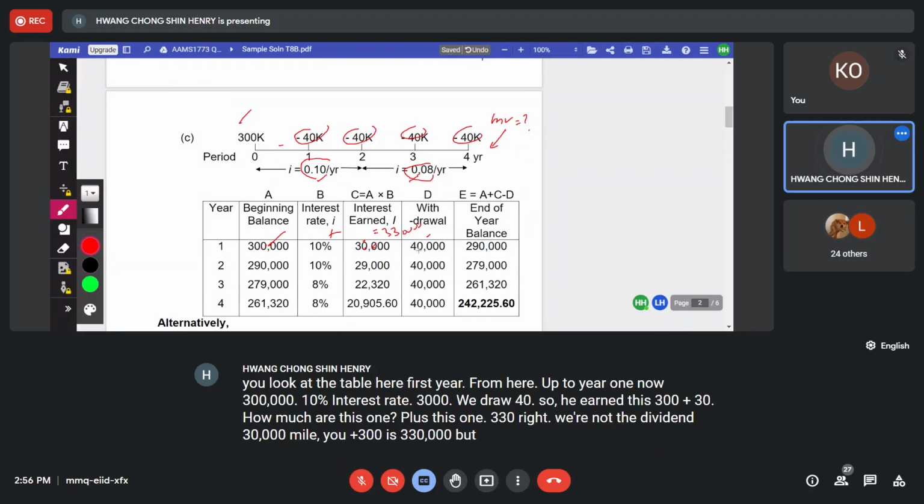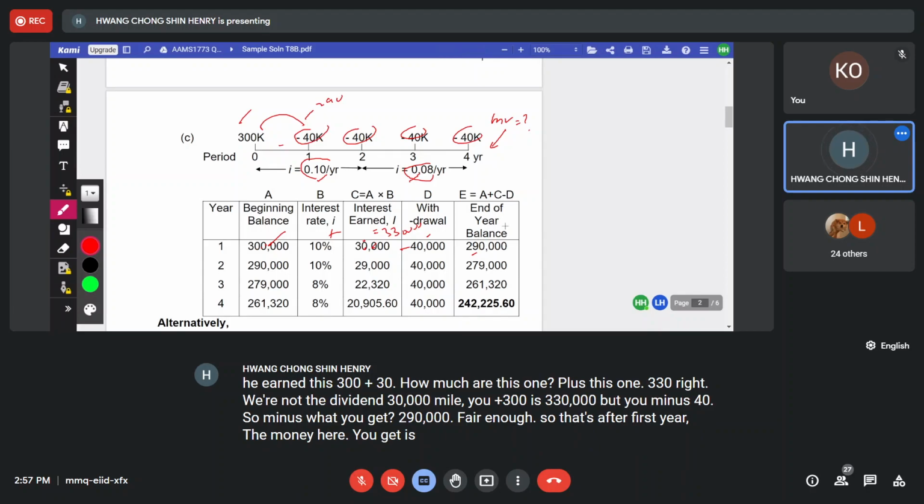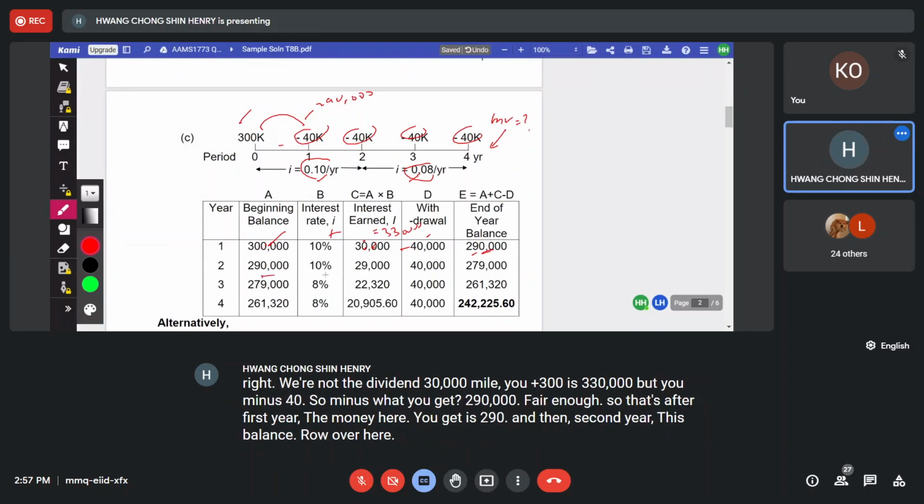But you minus 40. So minus what you get? 290,000. Fair enough? So that's after first year. The money here you get is 290. And then second year, this balance roll over here. Because if minus 40,000, the balance is 290.